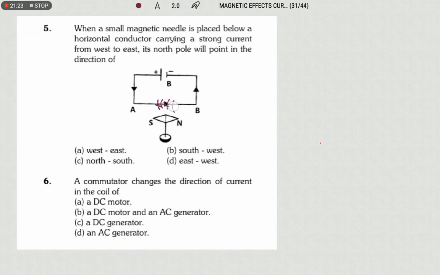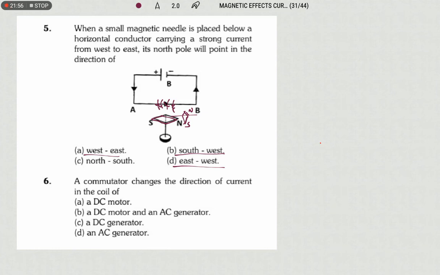These concentric circles will be perpendicular to the current, therefore the needle is aligned in the direction of north pole to south pole. It never aligns in the direction of southwest, east west or west east, because there is a force acting on it. That force will be perpendicular to the alignment of the compass needle, therefore it definitely deflects in the direction of the north and south pole.